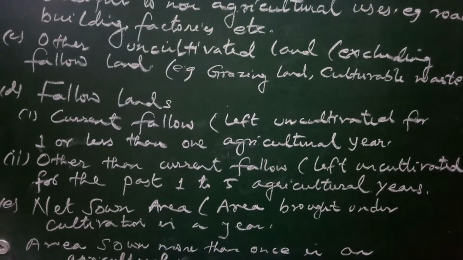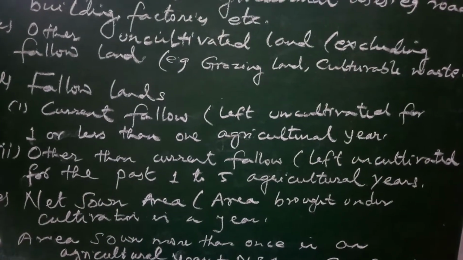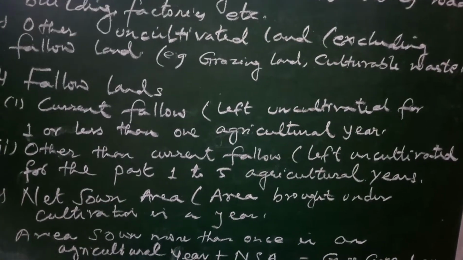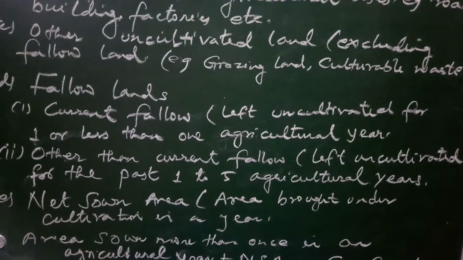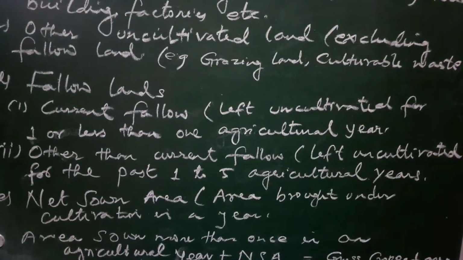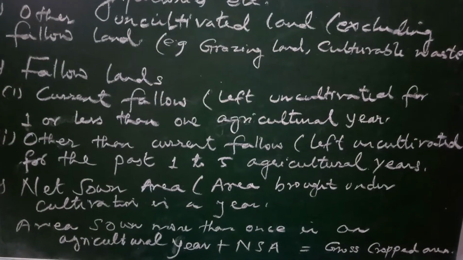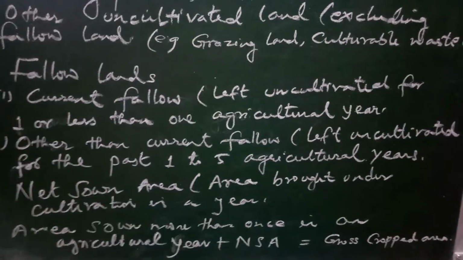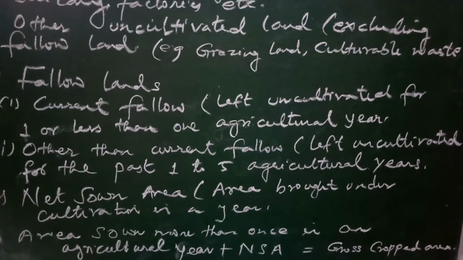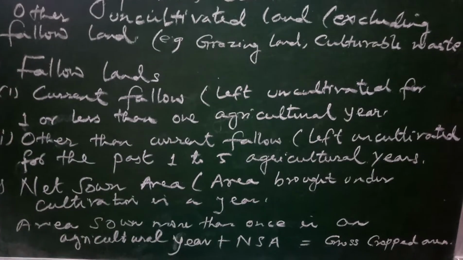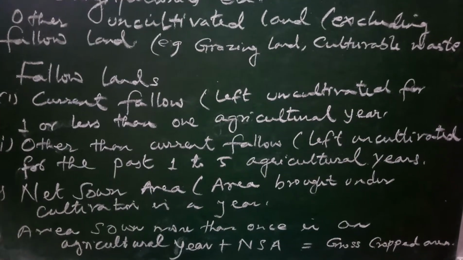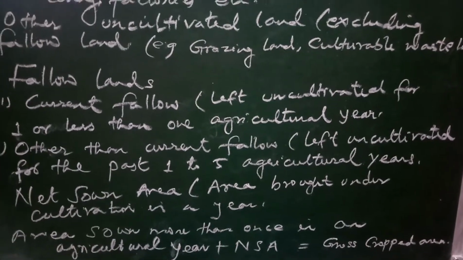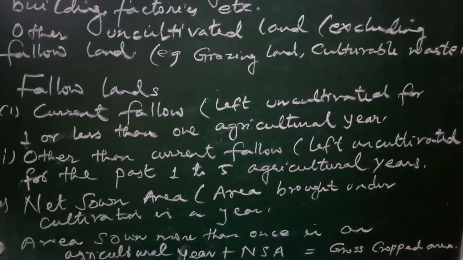The last category is the net sown area. It means the area brought under cultivation in a year. The area brought under cultivation in a year is called the net sown area. The area sown more than once in an agriculture year plus the net sown area is the gross cropped area.